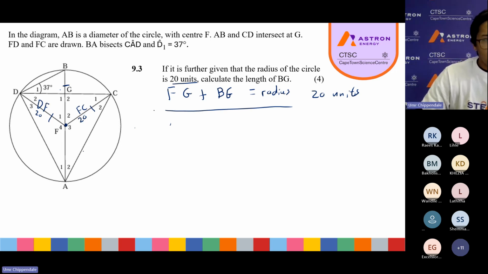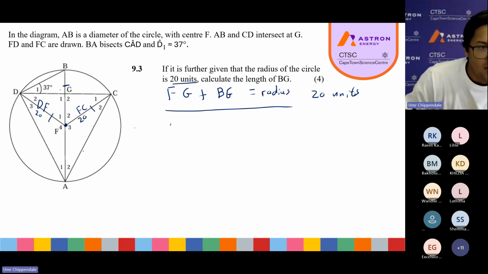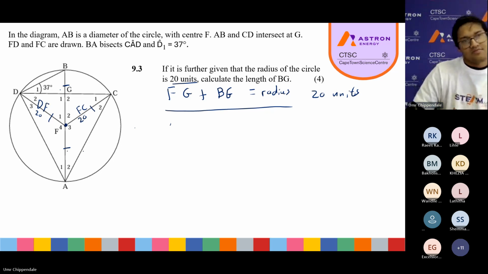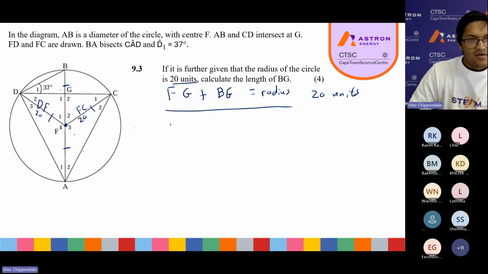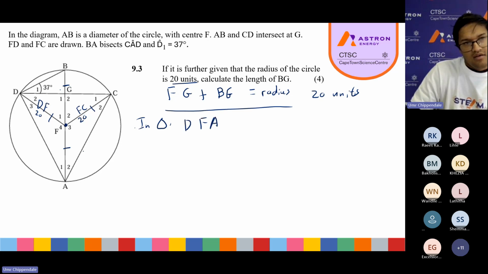So we have various radii coming over here, another one over here. If we look at triangle DFA, this part points to this section, this part points to this section.